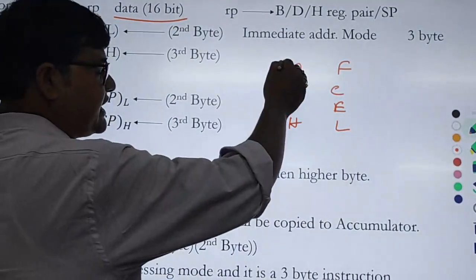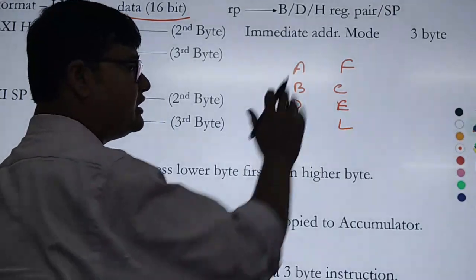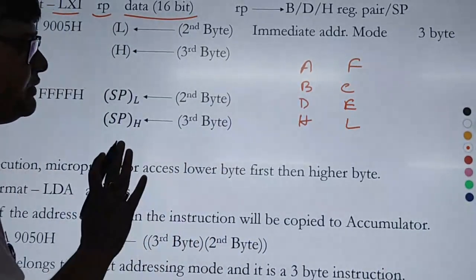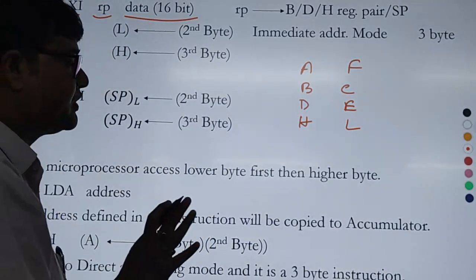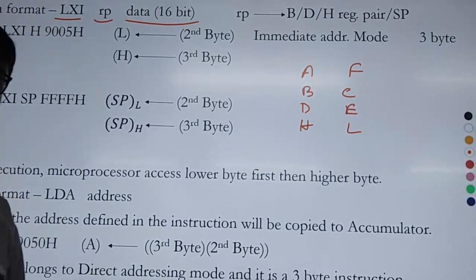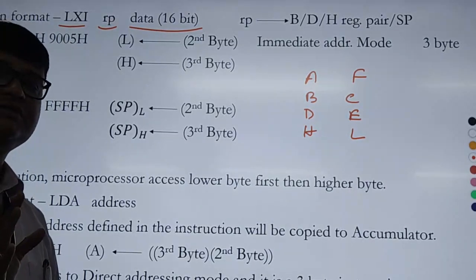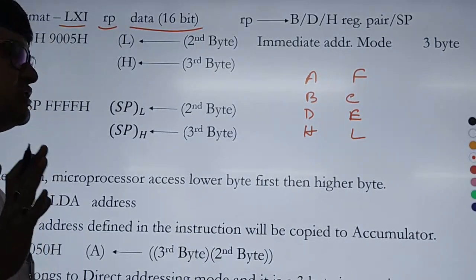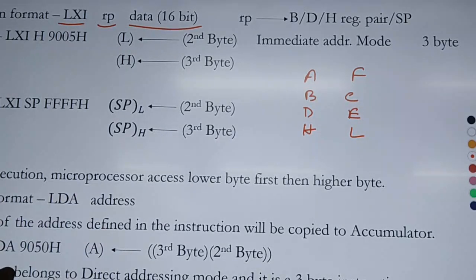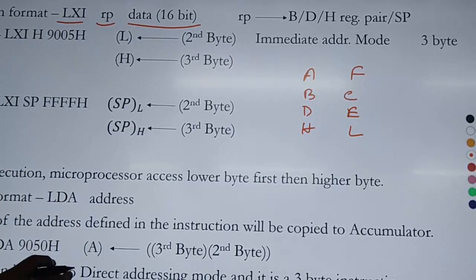So every register can be used as a simple data transfer register. We can load the data directly into all registers other than the flag register: the accumulator, B, C, D, E, H or L. And sometimes whenever it is required, the microprocessor can access 16-bit data, but not at a time, one byte at a time. We can load the 16-bit data using assembly language programming, where we can consider two 8-bit registers as a register pair.